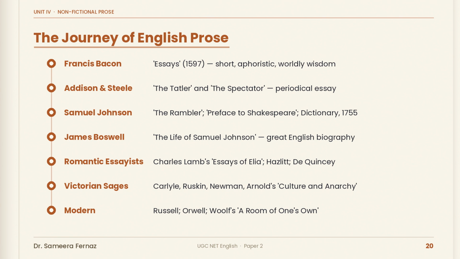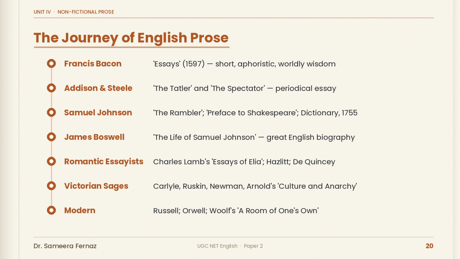Addison and Steele created the periodical essay in The Tatler and The Spectator. Samuel Johnson wrote The Rambler and the Preface to Shakespeare and compiled his famous Dictionary in 1755. James Boswell wrote The Life of Samuel Johnson, the greatest English biography.